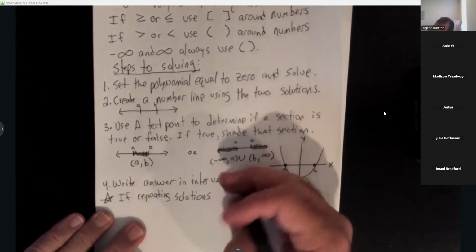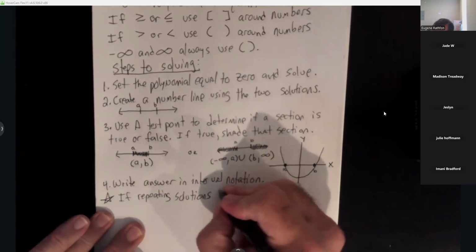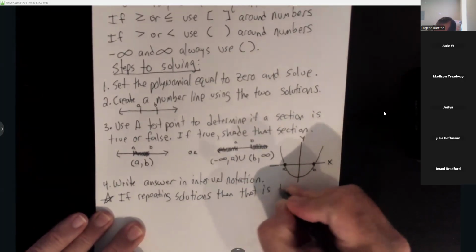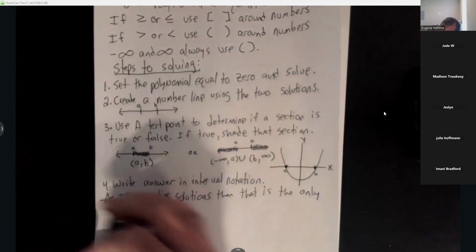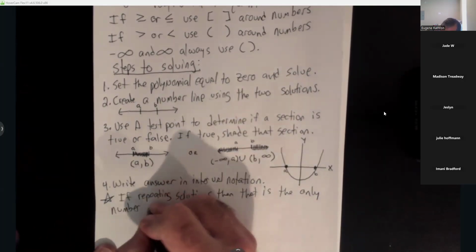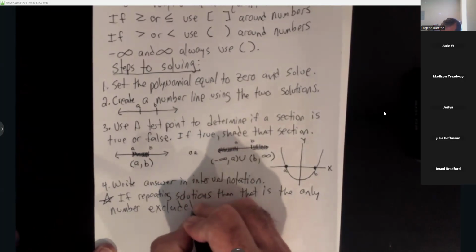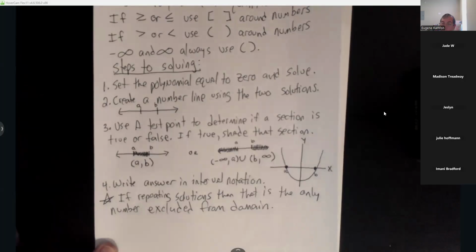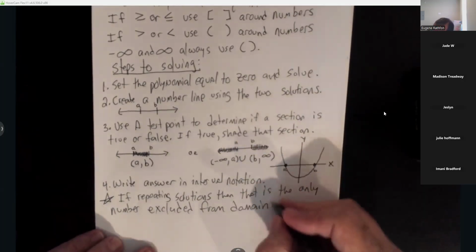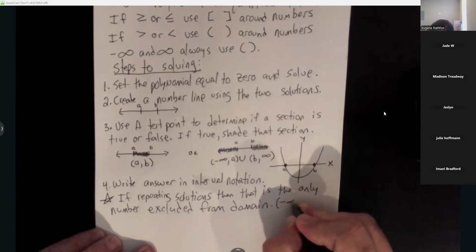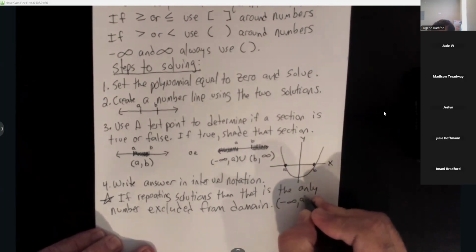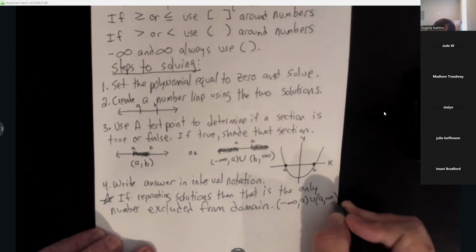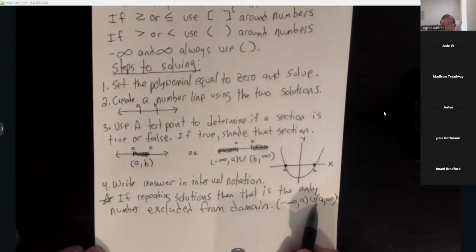If you get repeating solutions, then that is the only number excluded from the domain. Okay, so if I'm getting a repeating answer, then my domain will be negative infinity to A union A to positive infinity. I'm only kicking out that one answer, okay?